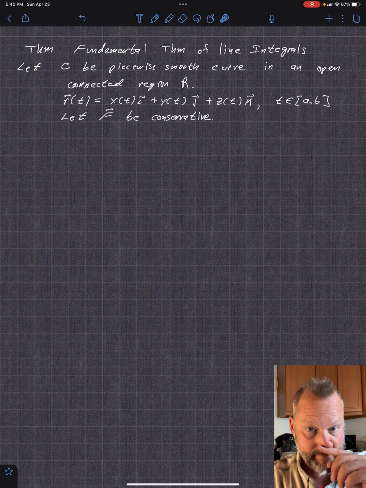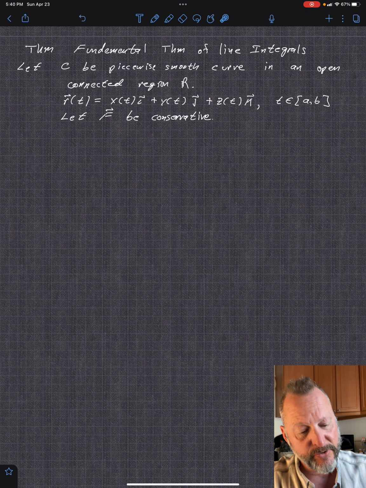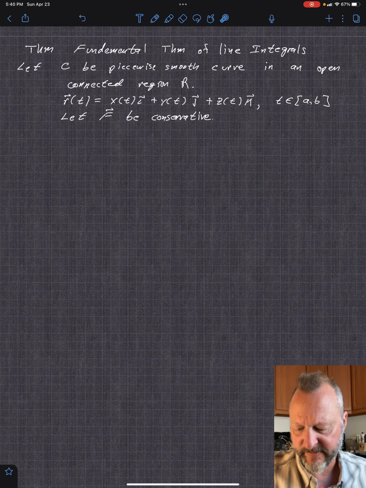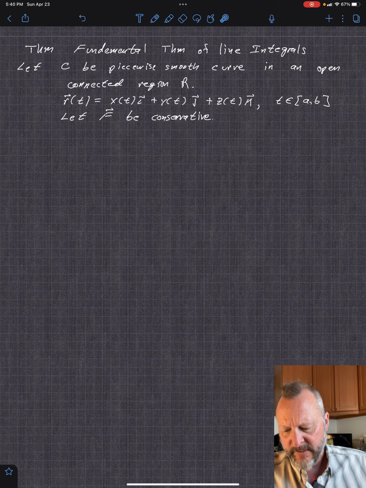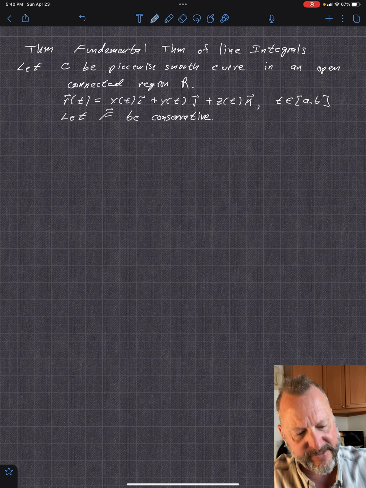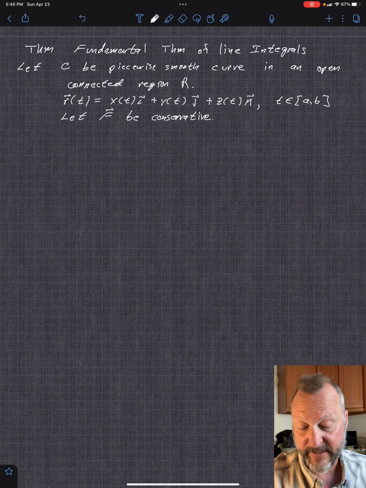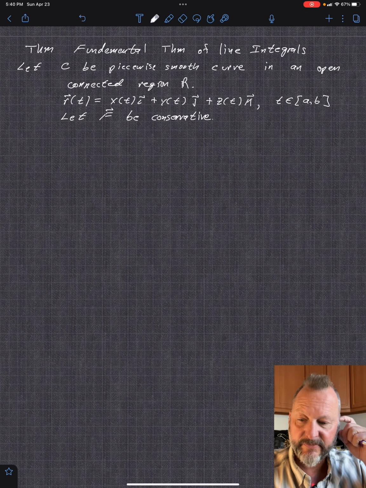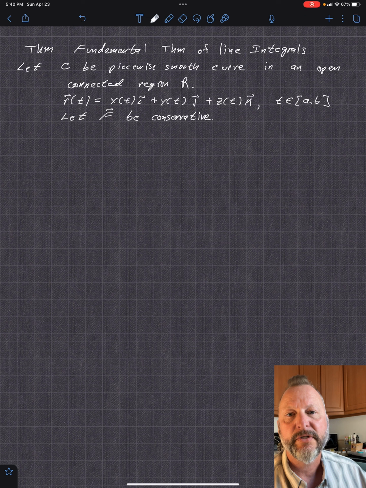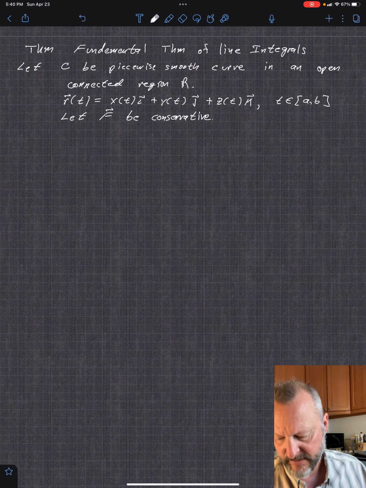And then we want a vector field. So we're going to let F be a conservative vector field. And then we get this theorem, and this is really a direct result of, or equivalent to, the fundamental theorem of calculus.